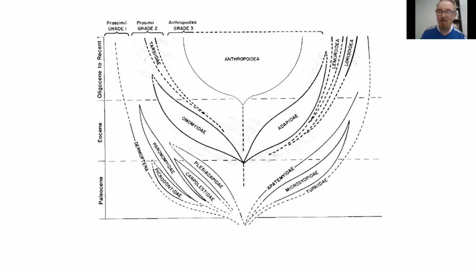And once all of the anthropoid characteristics come together, look at that success compared to the other groups out there. The massive numbers of anthropoids dwarf tarsiers. They dwarf the lemurs and lorises, and then the line for galagos you can't even see. Bush babies aren't even on there, right? So being an anthropoid means a successful evolutionary journey in the world, whereas for tarsiers, lemurs, and lorises it is marginal.